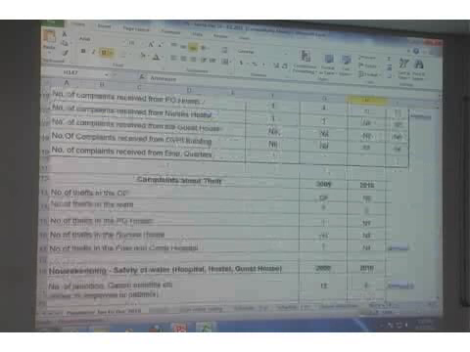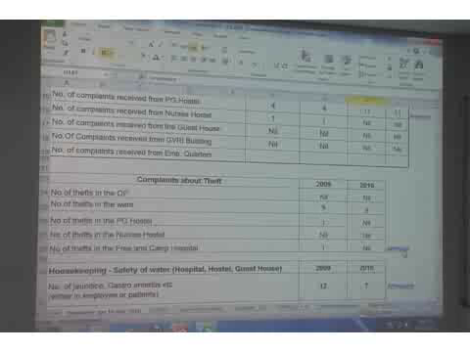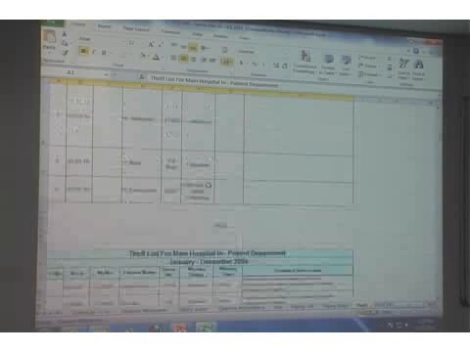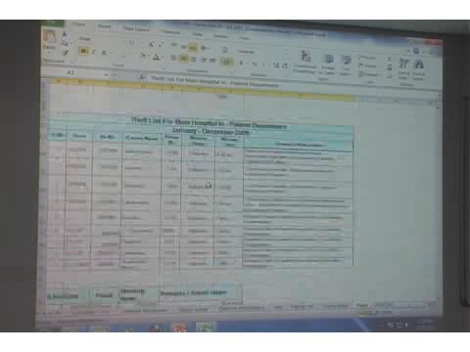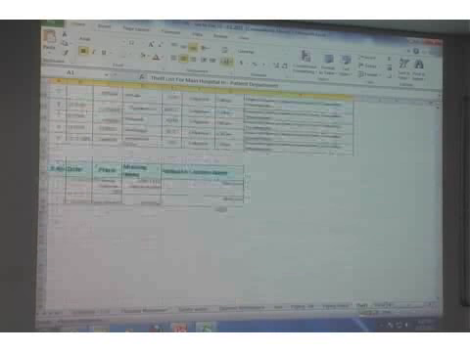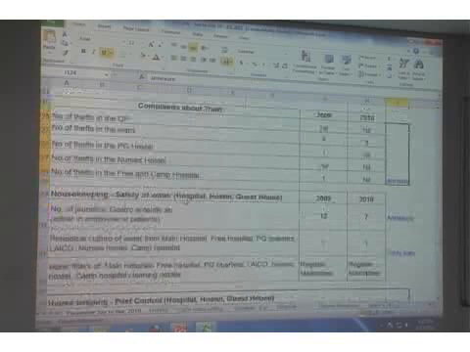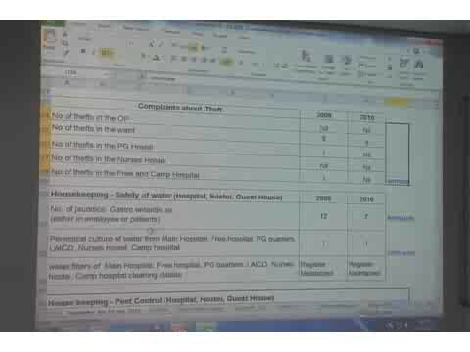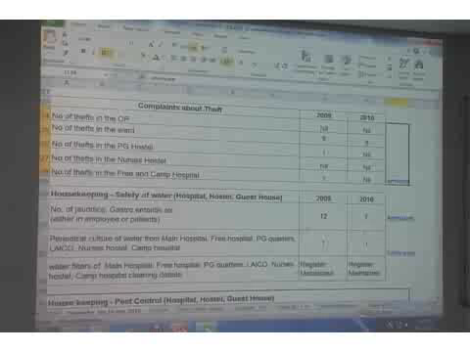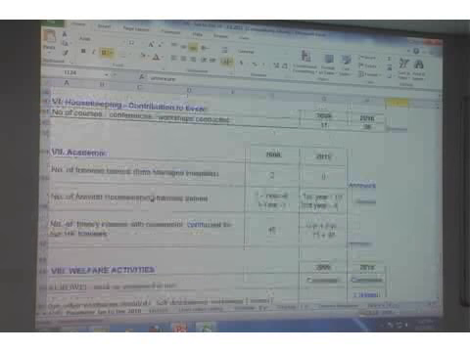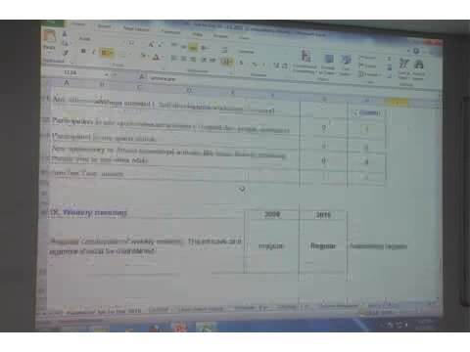There were about 9 thefts in that year, and we'll know exactly what happened. It's mostly cell phones and ATM cards. Housekeeping is also responsible for jaundice, gastroenteritis, anything reported in the hospital: who got it, what was the outcome. The water culture of the water. Then academics, how many they trained, the welfare activities.